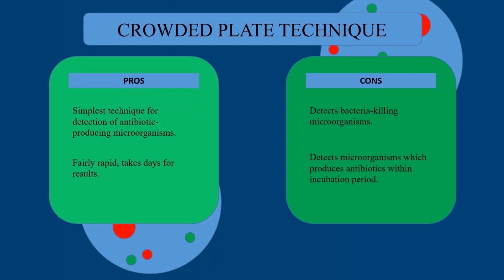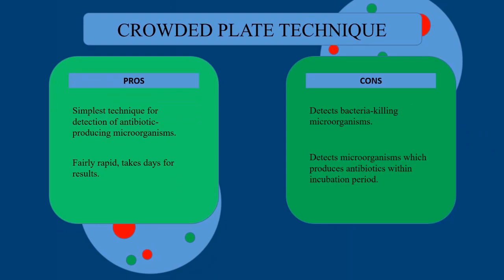Moreover, it can only detect microorganisms that start to produce antibiotic compounds within a couple of days of being cultured and incubated. So this can miss other compounds that are potentially of interest to the researchers who are using crowded plate techniques.